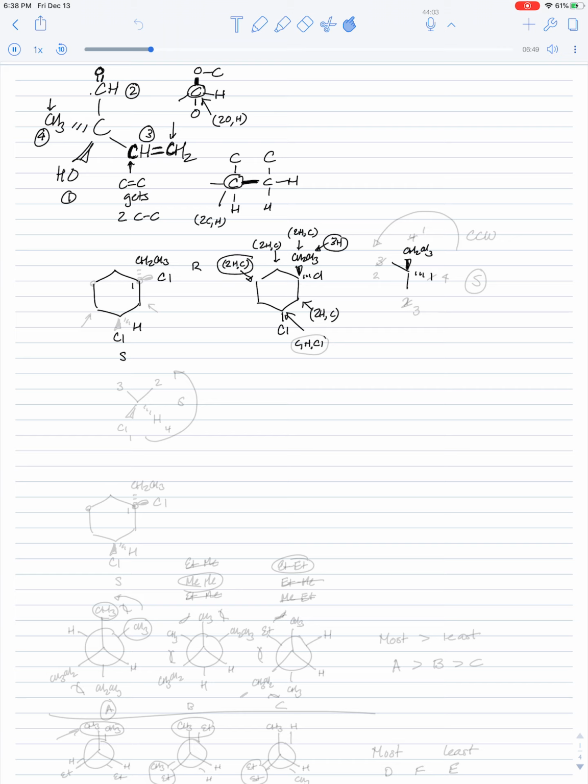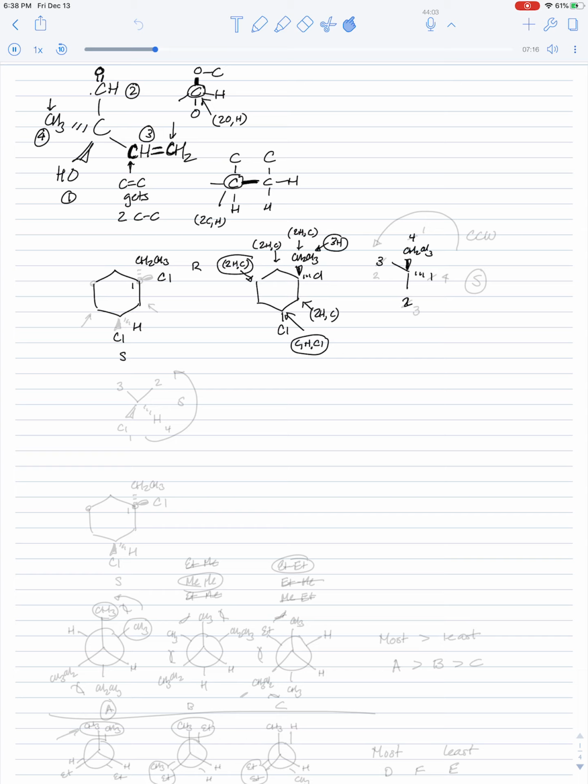Now I'm going to compare those groups. Is there any one atom that singularly wins? Cl. So that's number 2. 2 H's and a C versus 3 H's. 2 H's and a C wins, number 3.